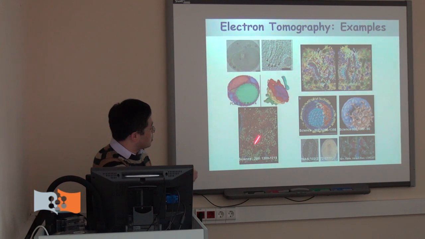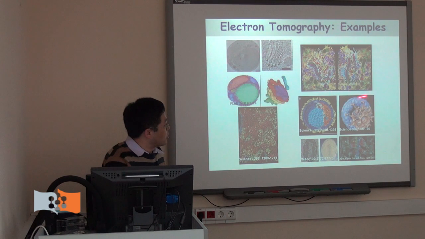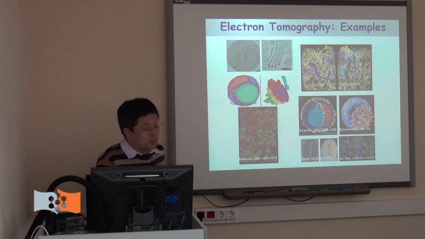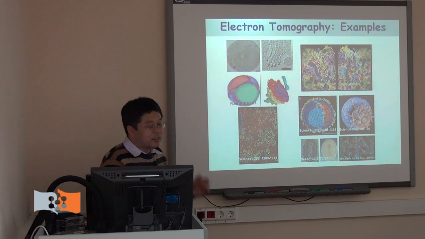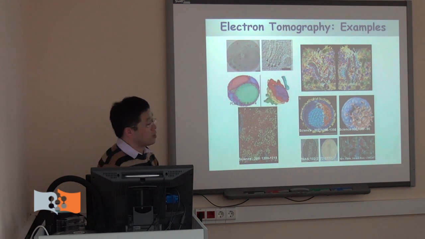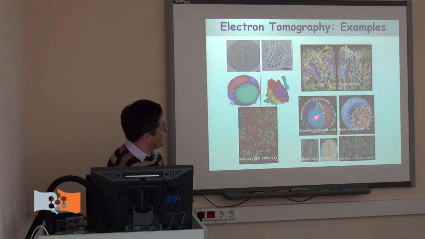And another thing: instead of cells, there are also other samples, for example, viruses. I will give an example of HIV virus or some herpes virus. You can use single particle analysis for some, but for enveloped viruses the size is even different from one to another. So you have to focus on one single virus and use electron tomography to do the 3D reconstruction.